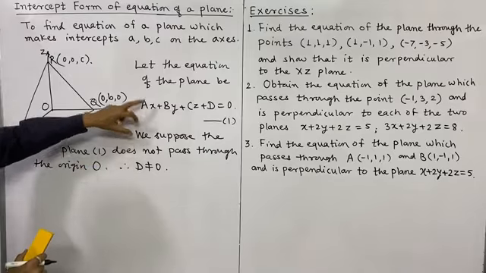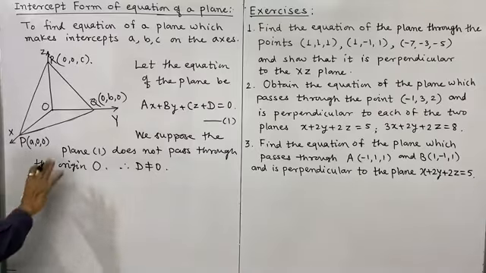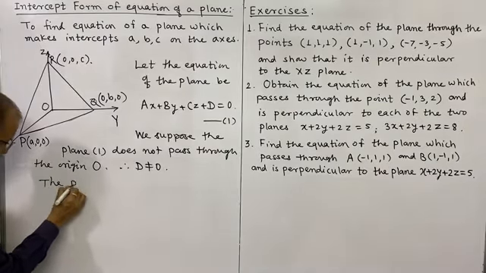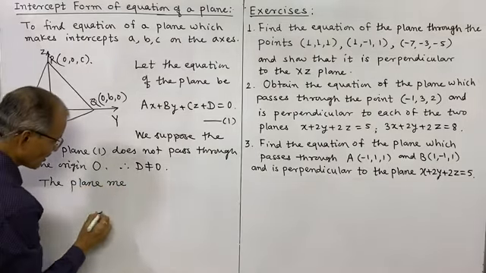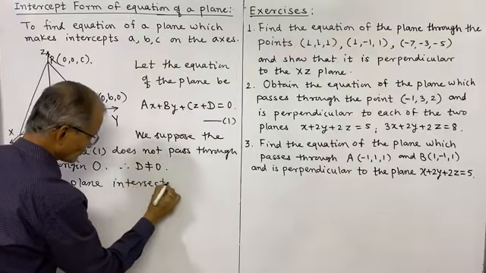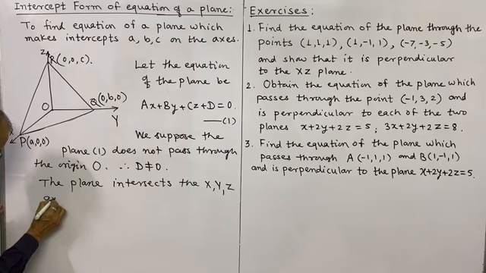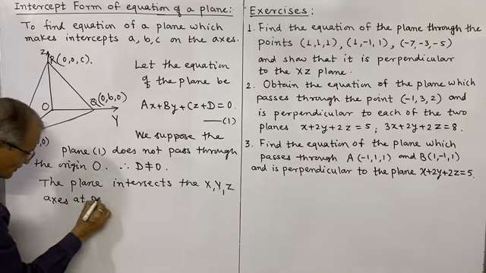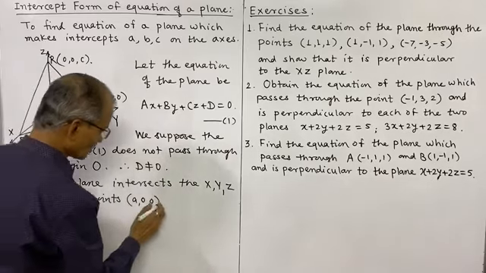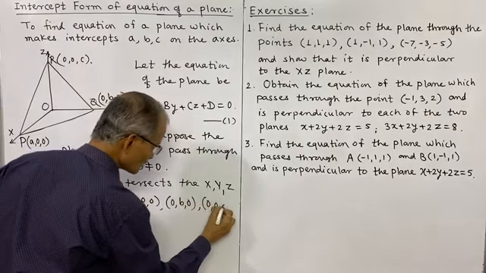Now the plane cuts the x-axis at point a 0 0, etc. We will use this condition further in equation 1. The plane intersects the x, y, z axes at points, say a 0 0, then 0 b 0, and 0 0 c.